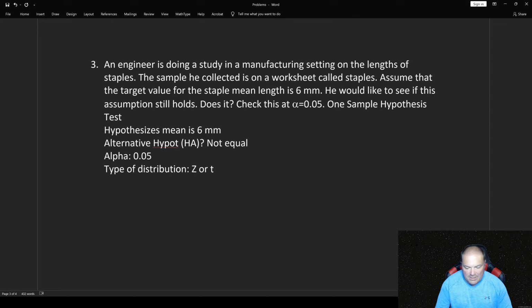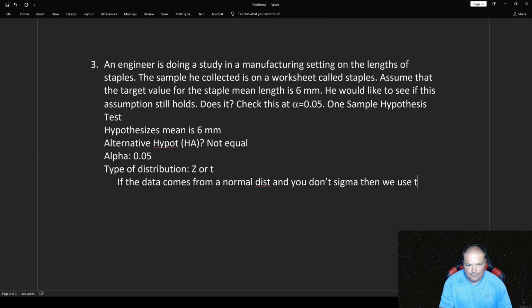Now let's talk about the type of distribution. Here is the easy way to think about it. If the data comes from a normal distribution and you don't know sigma, then we use T. Now, don't get fooled.